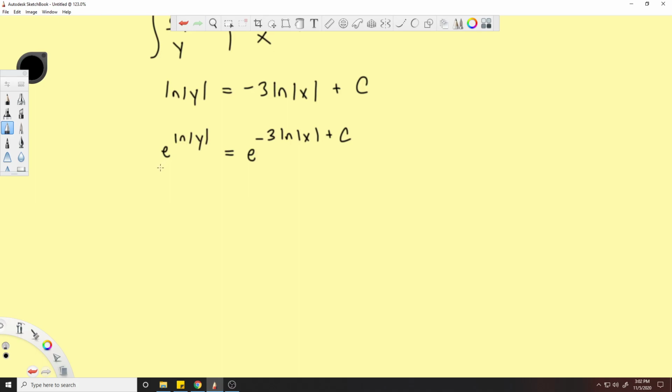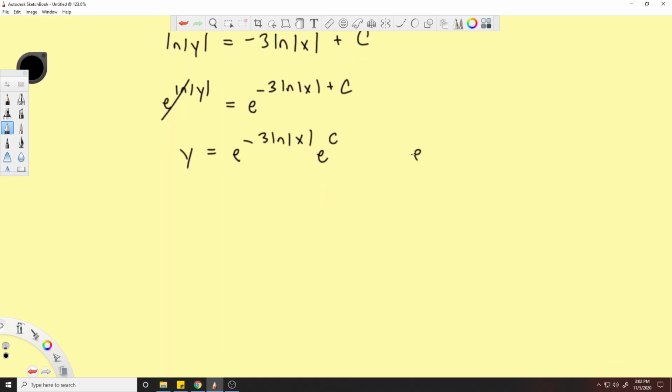Now these two will cancel, and this will bring the y down. The e and ln are going to cancel, so this is x. Actually, I'll write it like this first: ln x, and instead of putting plus c, we will do e to the c. But then you can realize that this e to the c is just equal to c, because it's just some number. It doesn't really matter whether it's e to the c or c, because it's just a constant of integration.